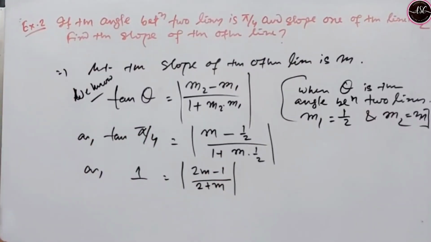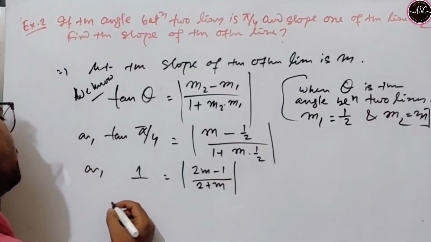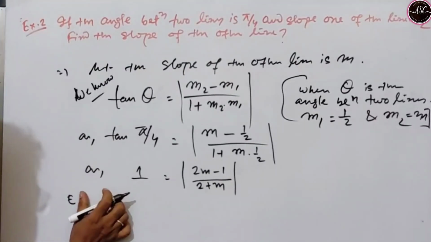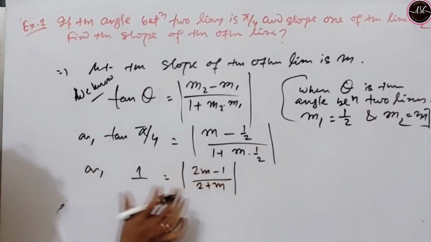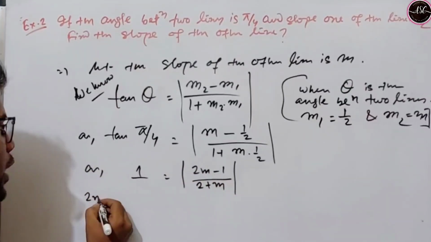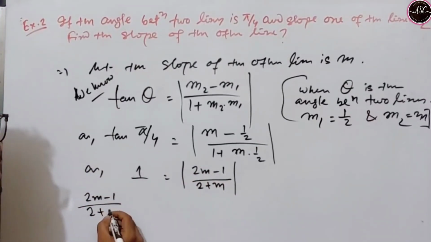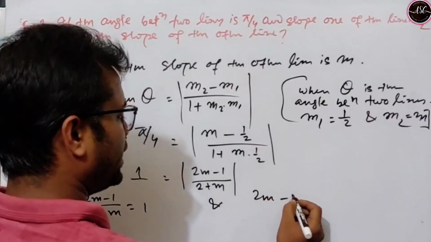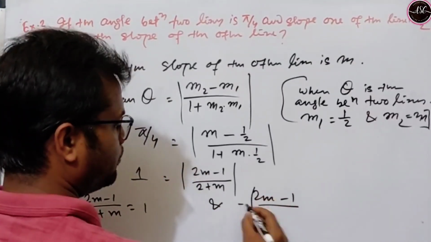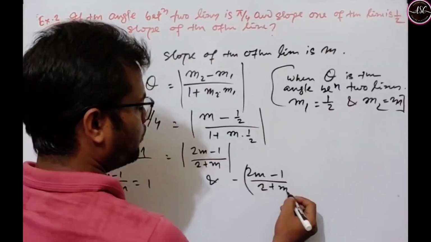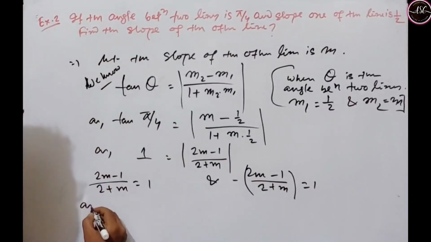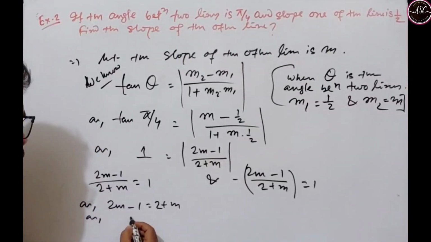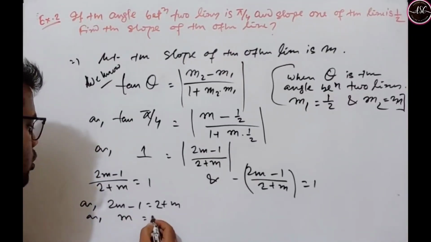By this we can write either (2m minus 1) divided by (2 plus m) equals 1, or (2m minus 1) divided by (2 plus m) equals minus 1. So 2m minus 1 equals 2 plus m, or m equals 3.